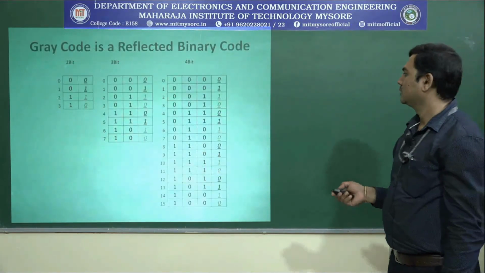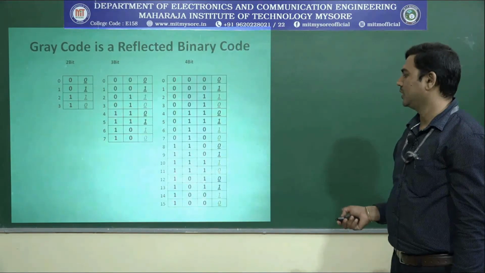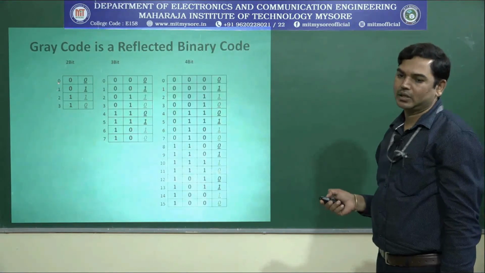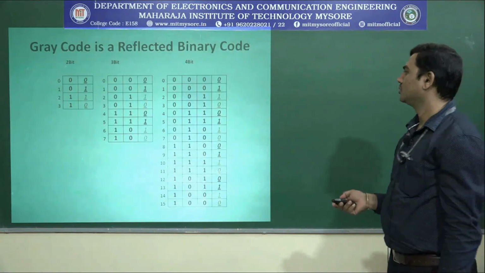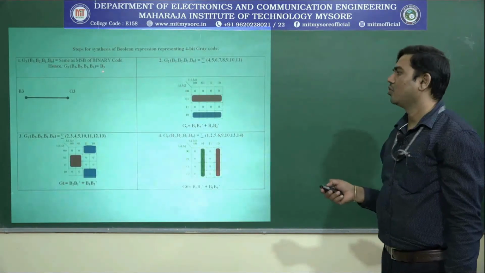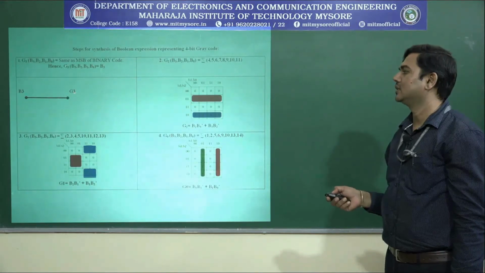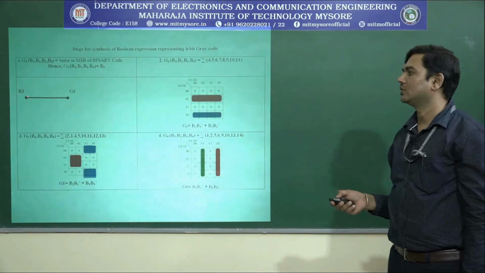If you look at G3, it will be exactly the same as B3 of the binary representation. So, there is no need to simplify. You can simply say G3 is the same as B3.